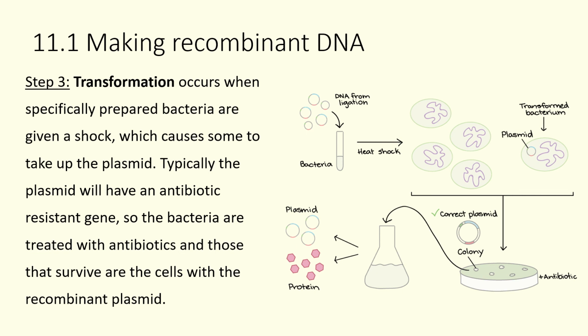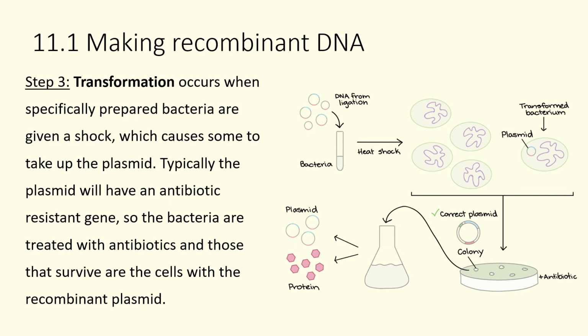There's no point putting time and energy into raising bacteria that haven't taken up the plasmid, because not all of them, after undergoing heat shock, will actually take it up. So when they insert the target gene into the plasmid, they often put an antibiotic resistant gene in. So what that means is after we've gone through this whole transformation process, we can then treat our hopefully transformed bacteria with antibiotics.